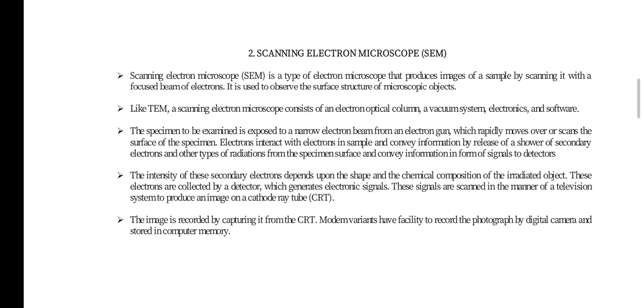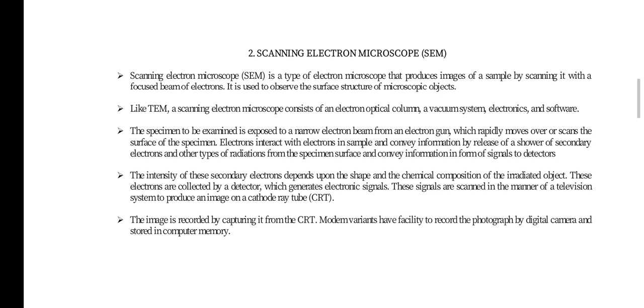The intensity of these secondary electrons depends upon the shape and the chemical composition of the irradiated object. These electrons are collected by a detector which generates electronic signals.